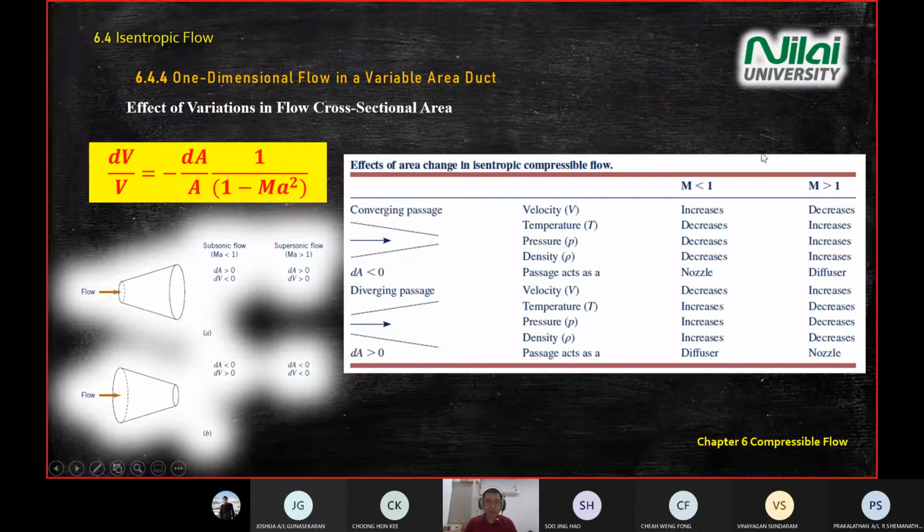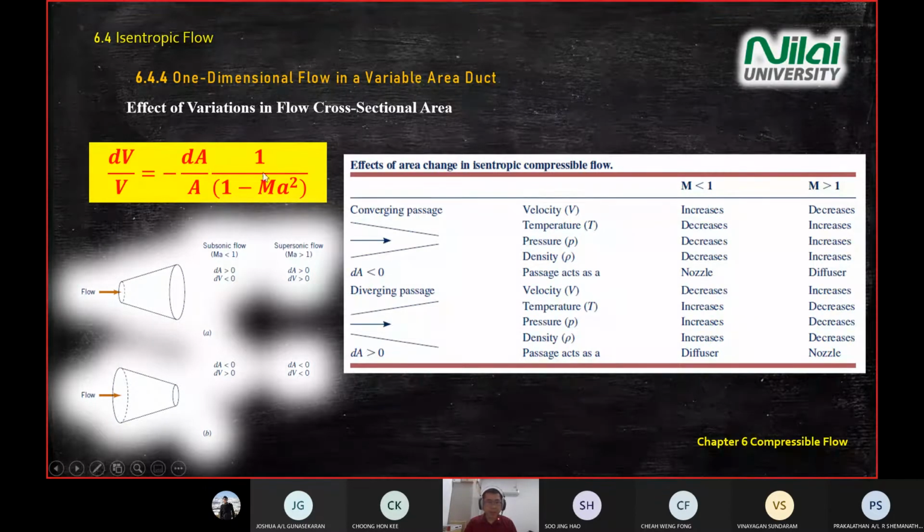we already went through this table. Okay, what happens to the velocity if you have subsonic flow in the converging passage? What happens if you have a Mach number more than 1 in your upstream velocity? What happens to all these parameters? Diverging also.